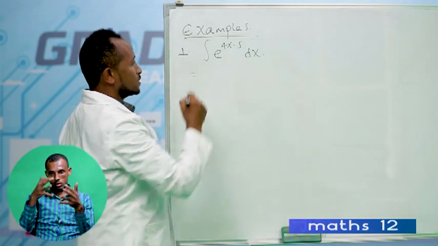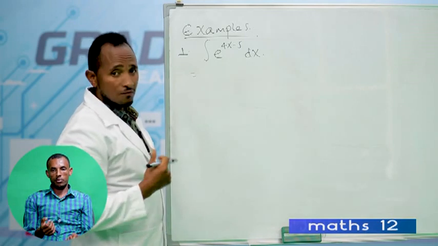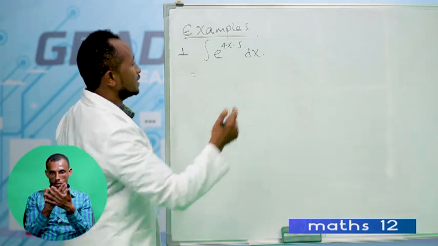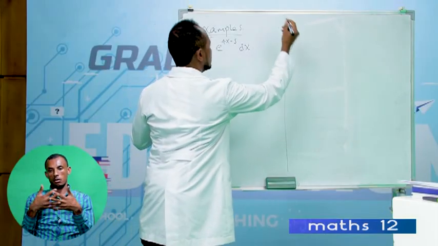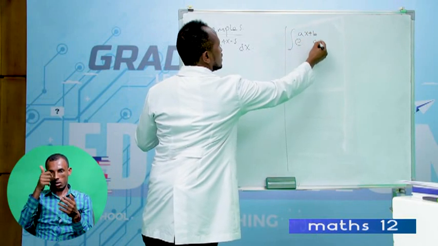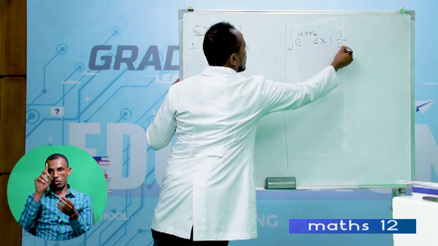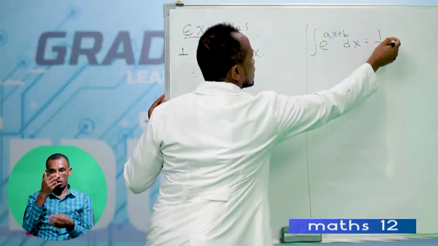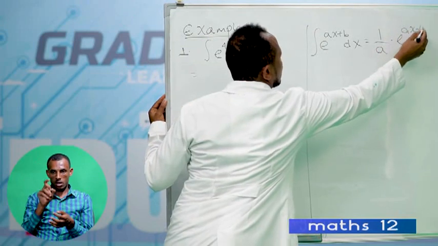Simply using the formula we derived earlier, the integration of e raised to ax plus b dx is 1 over a times e raised to ax plus b.